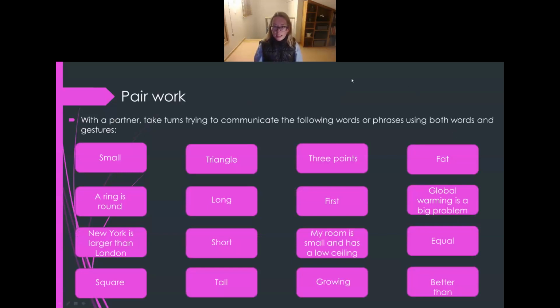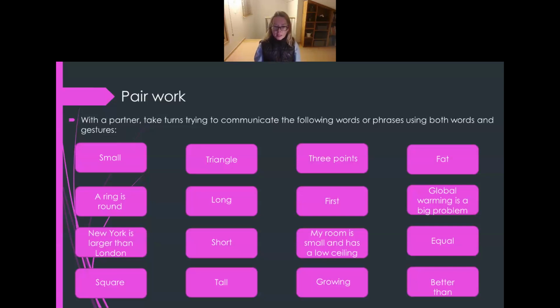Again, we don't really have time for this because WebEx is going to cut me off, but you guys can pause this presentation, pause the lecture, and take some time and think of some gestures you could make for all of these items here. I'm sorry you guys don't have a partner. Normally we would do this in class with a partner, but you guys can just do it with yourself and the computer screen.